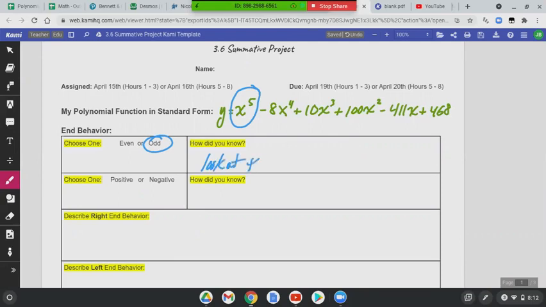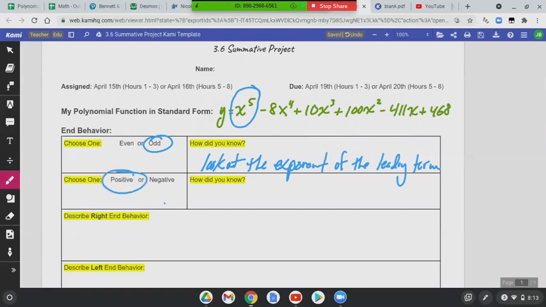Look at the exponent of the leading term when it is in standard form, going from largest degree to smallest degree. Then I look to see this is a positive function.